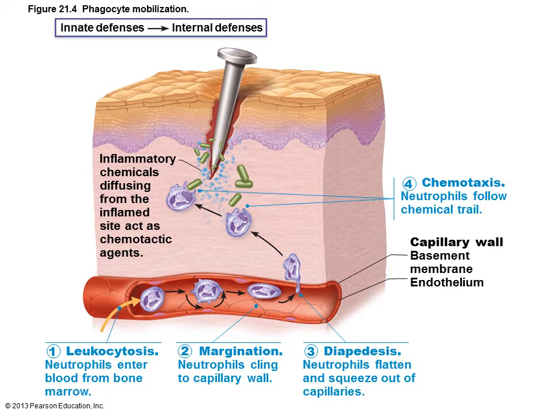Phagocytic mobilization involves neutrophils coming first and then macrophages coming next. The steps are: first, leukocytosis, the release of neutrophils from bone marrow in response to signals from injured cells; second, margination, in which neutrophils cling to the walls of capillaries in the inflamed area; third, diapedesis, in which neutrophils squeeze out of the capillaries; and then chemotaxis, in which neutrophils follow chemical attraction to where the damage occurred.